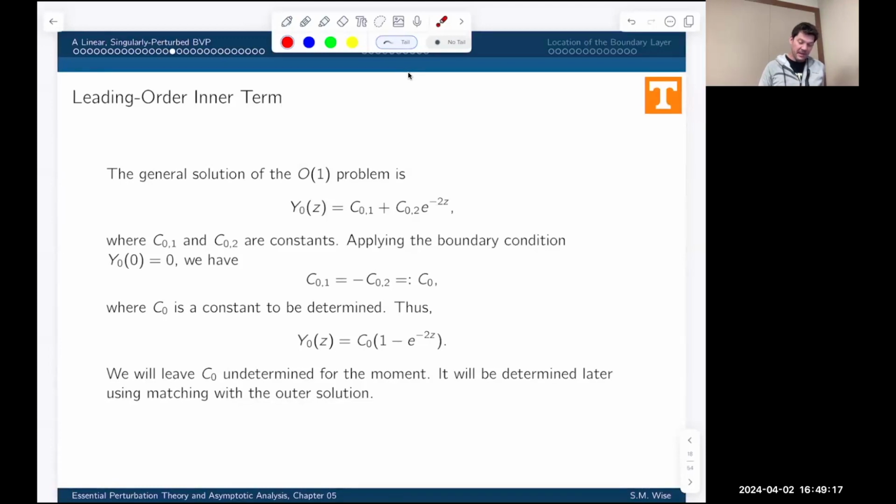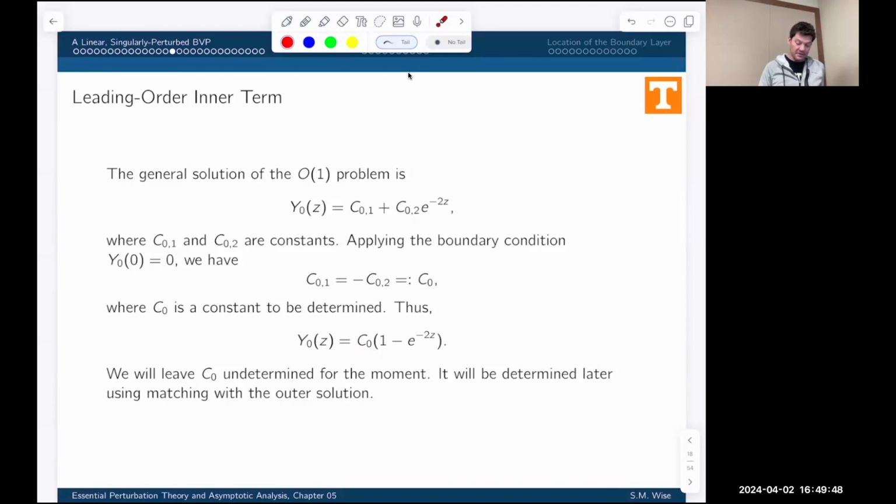Now let's apply the boundary condition, the only one that we have, y0 equal to 0. If we do that, we find that C0,1 is equal to minus C0,2. So this is equal to the negative of that. I'm going to collect them both into this constant C0. This constant, which has to be determined somehow, is still present.